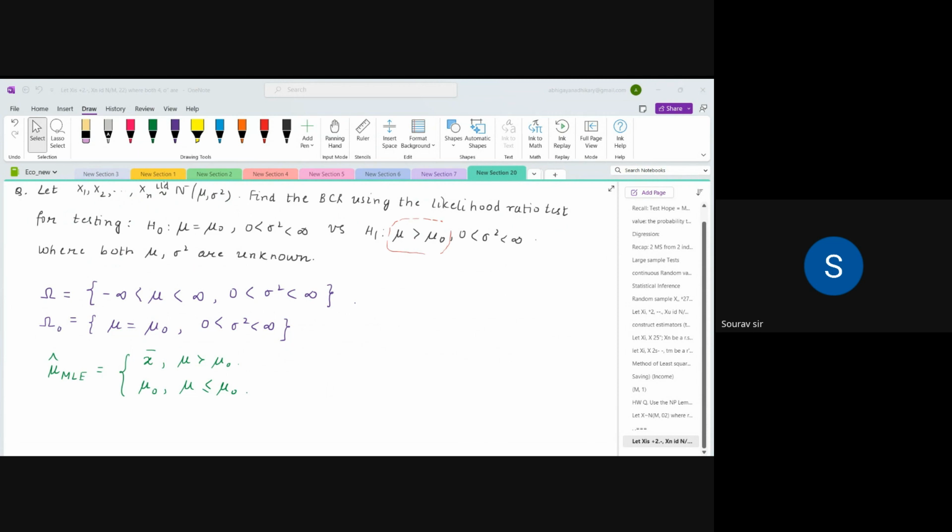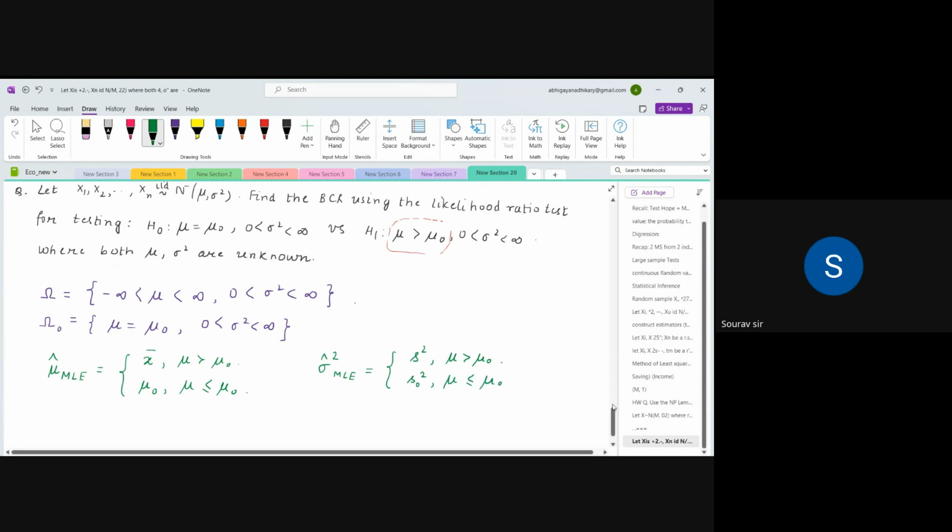And in the exact same way, what would be sigma hat square MLE? You will be replacing it with s square when mu is greater than mu naught, because you don't have the value of mu, and it will be s naught square when mu is less than mu naught.